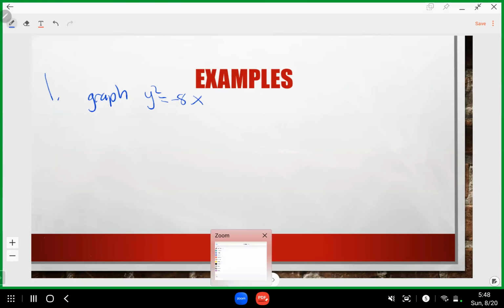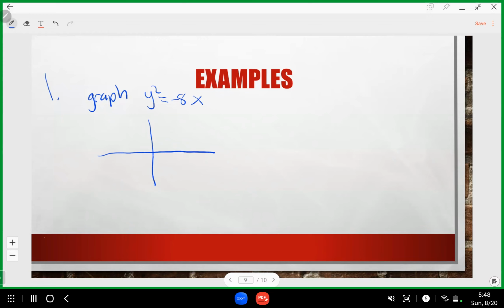So for this, do I just plot points, plugging in values for x and y, or should I do the focus and directrix? Yeah, do focus and directrix.